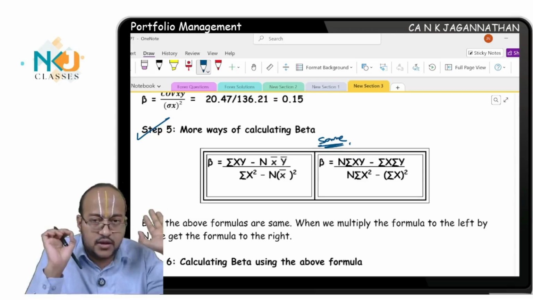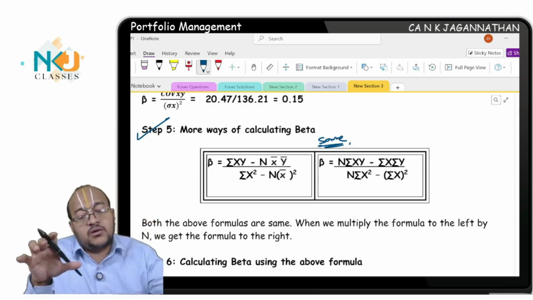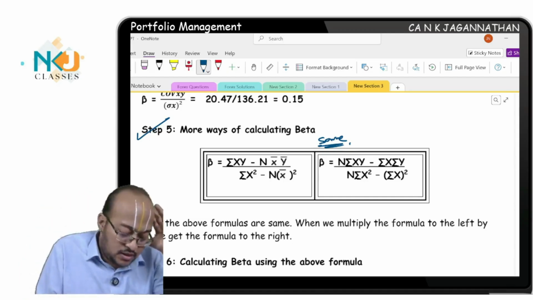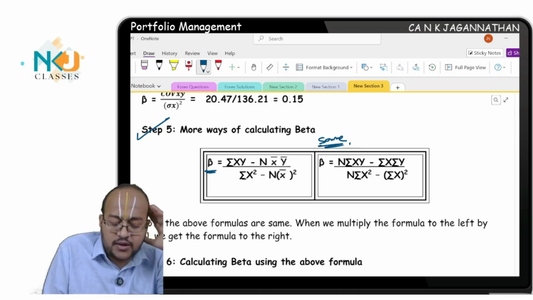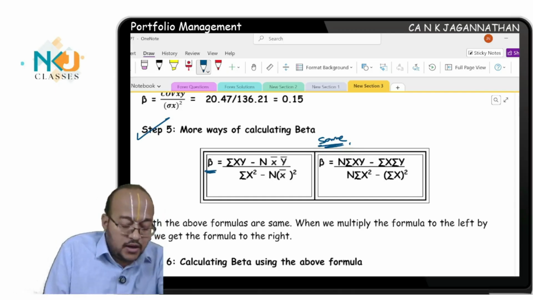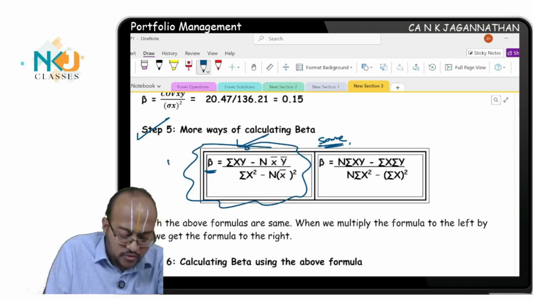But here I am trying to elaborate what this model is so that you can understand it better. See, beta is equal to summation of xy minus n x bar y bar, divided by summation of x square minus n x bar square. This formula alone you remember.